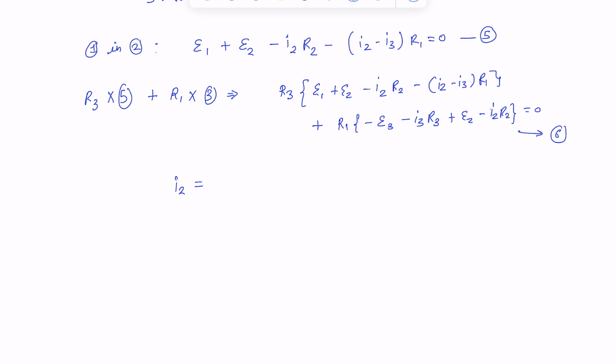So that means I2, the answer that you should get is this. And here you know everything. These are in terms of epsilons and r's, which is given to you. So it is your job to solve this.